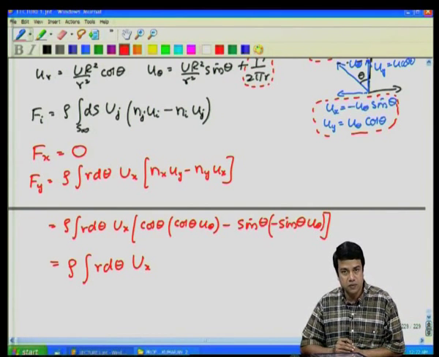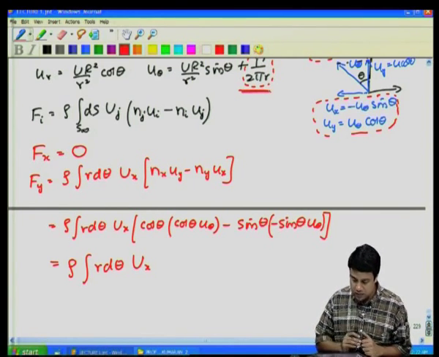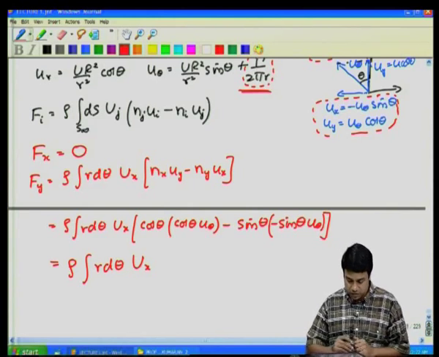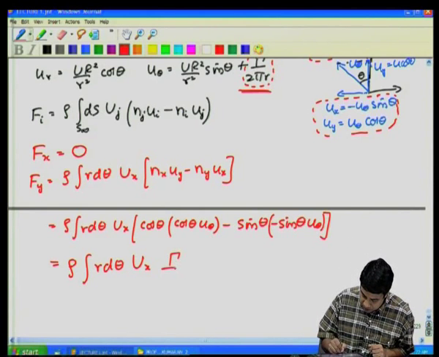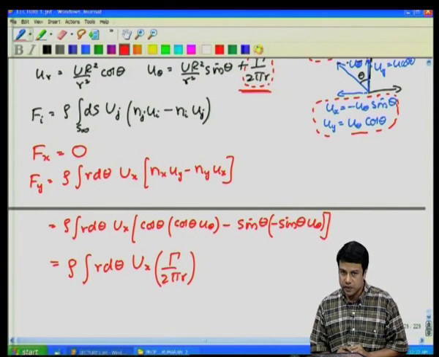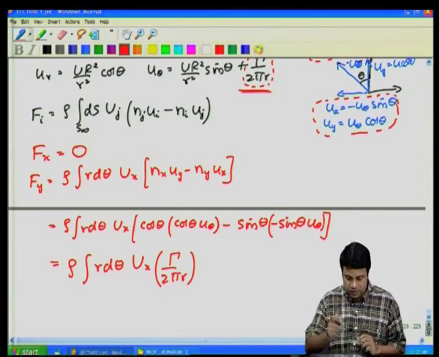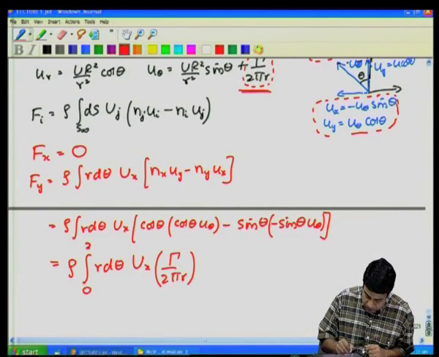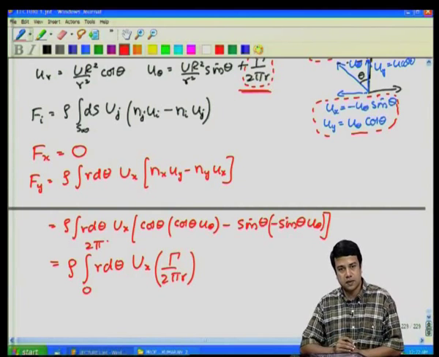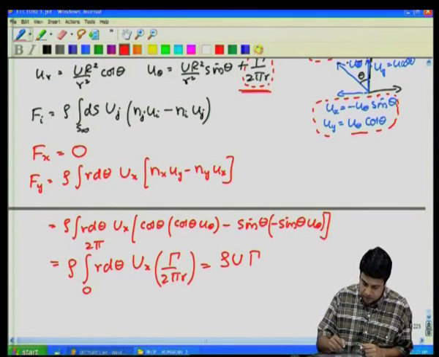The only non-zero contribution to u theta comes out of the circulation term here, which is gamma by 2 pi r, into gamma by 2 pi r. The integral over theta goes from 0 to 2 pi, all the way around the object, around the surface at infinity. And you can easily see that this is equal to rho u times gamma.